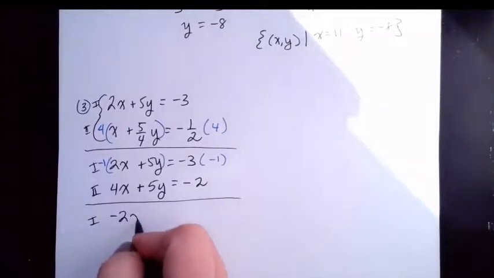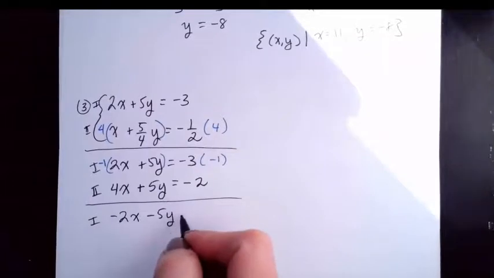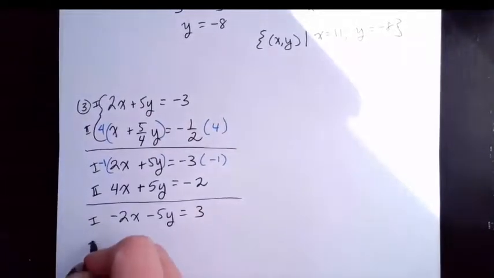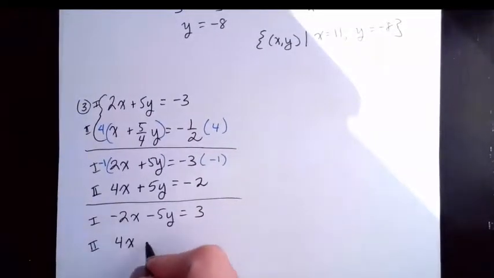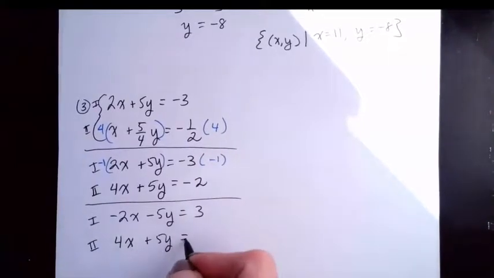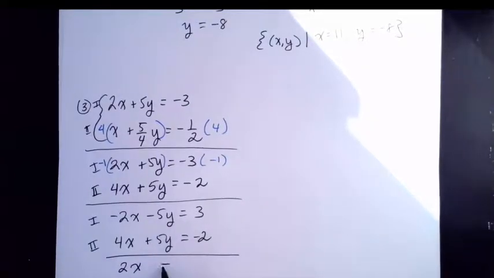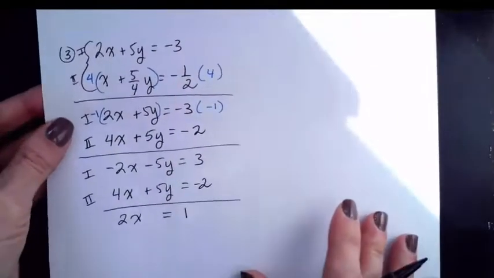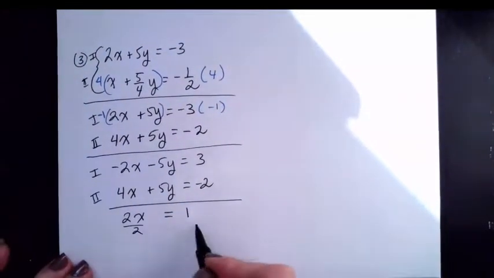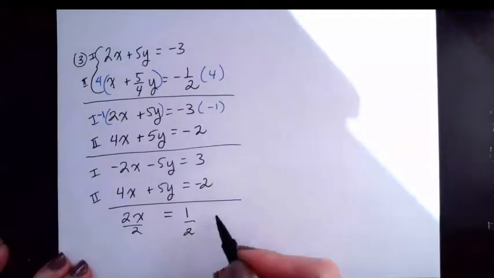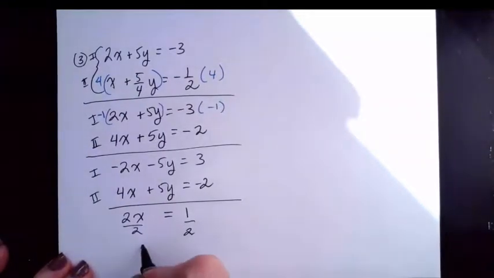So I have -2x minus 5y equals 3. And for the second equation, 4x plus 5y equals -2. Now combining, I have 2x equals 1. And then I'll go ahead and solve for x. Dividing by 2 on both sides, I have x equals 1/2.